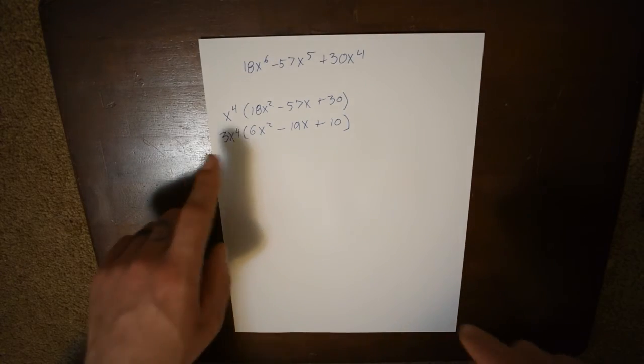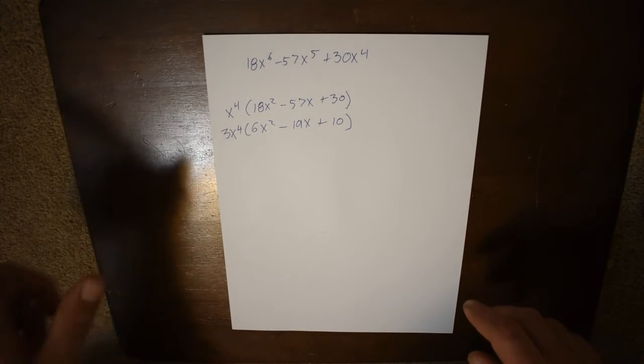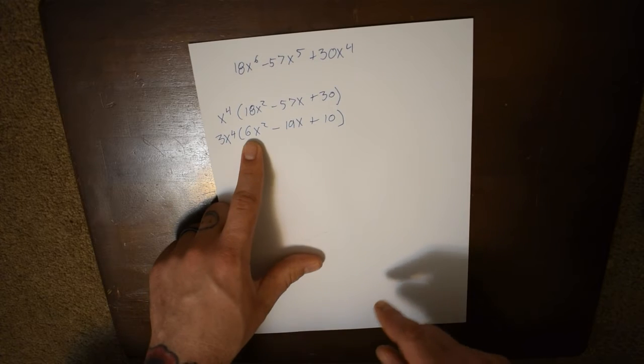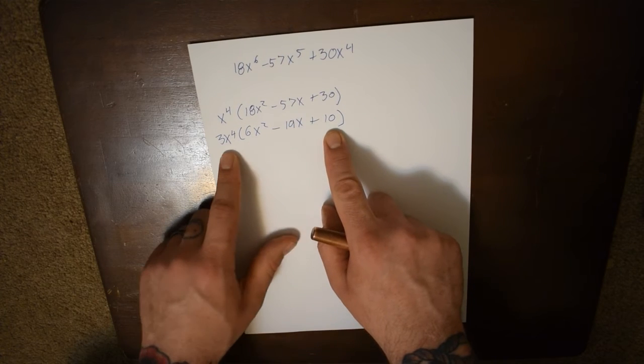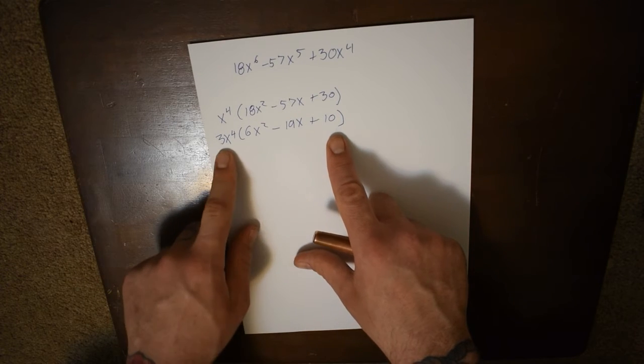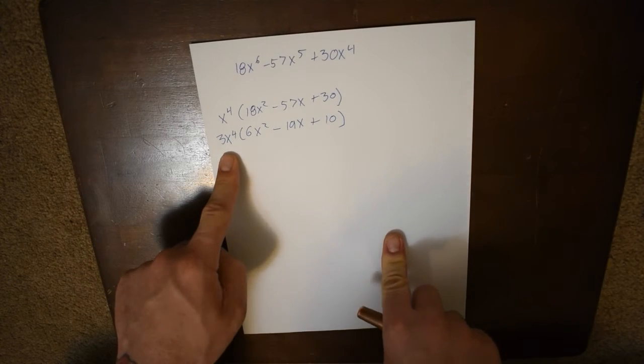Perfect. Because 3 times 20 is 60, take away 3 is 57. Okay. So now we want to factor this thing. The 3x to the 4th is just along for the ride. Your job is to not forget to write this at every step.